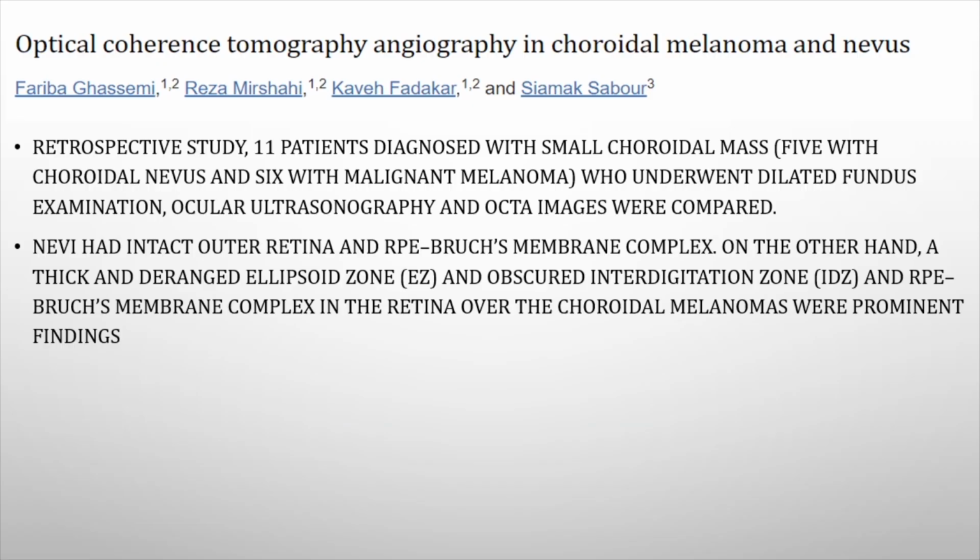Coming to OCTA in choroidal melanoma, this was a retrospective study which included 11 patients, 5 of which had choroidal nevus and 6 of which had choroidal melanoma. The study said that the nevus generally had an intact outer retina and RPE-Bruch's membrane complex, and the melanomas had an obscured RPE-Bruch's membrane complex.